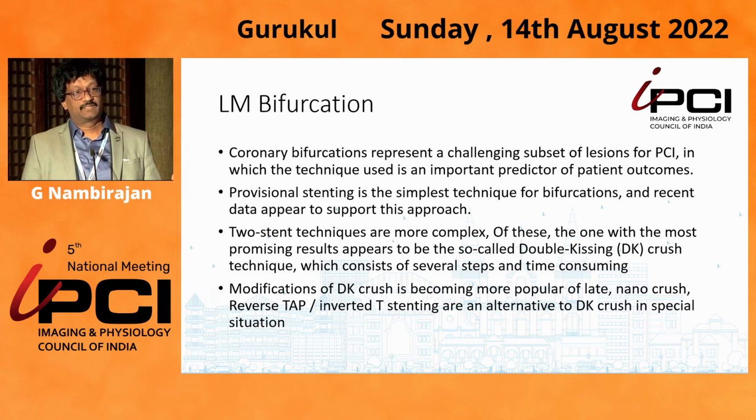But several technical refinements to DK crush have been proposed by various authors in the last 2-3 years, starting with aggressive dilatation of the side branch, then the nano crush, then reverse TAP, reverse T stenting. These are new variations, which have not been studied in very large numbers, but have been tested against DK crush and found to be non-inferior to DK crush.